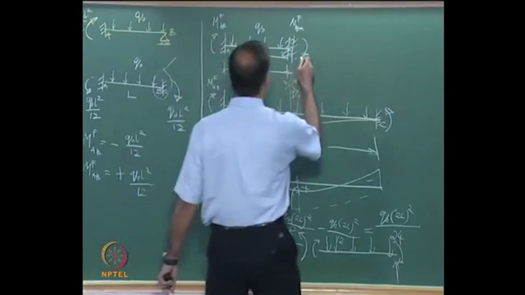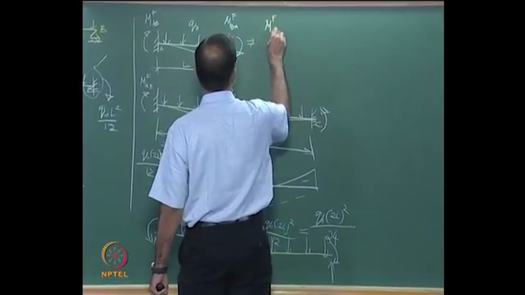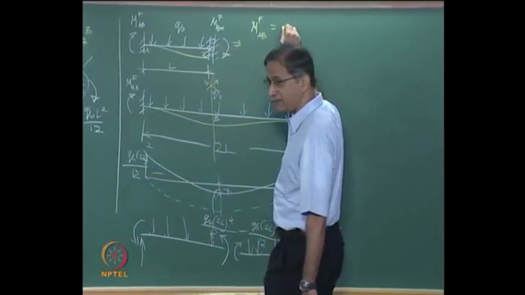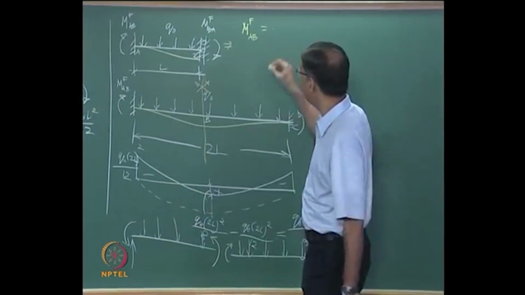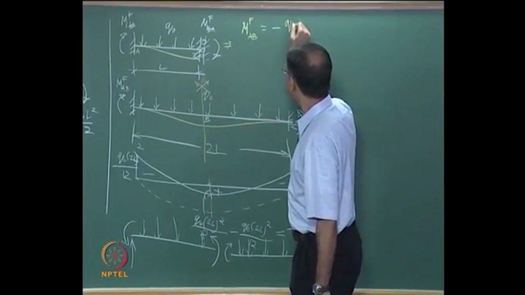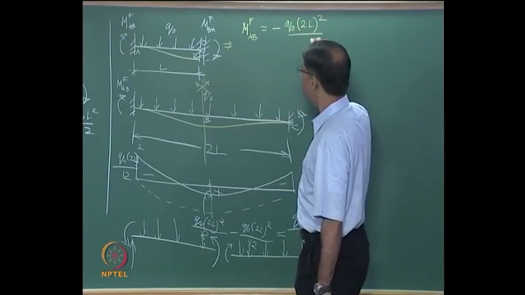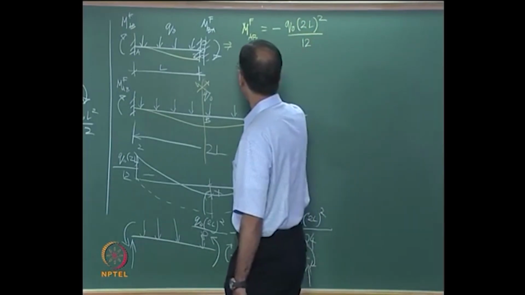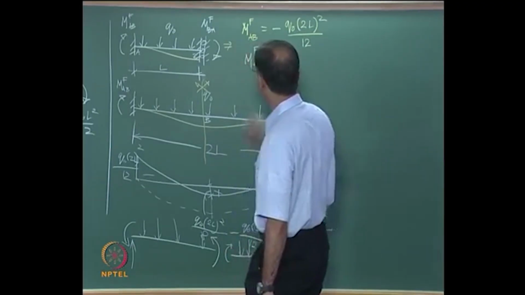So at the end of the day, what are the answers you will write? For this problem, MFAB will be minus or plus? Minus, it's hogging, right? Minus Q naught, 2L squared by 12, and MFBA will be what?